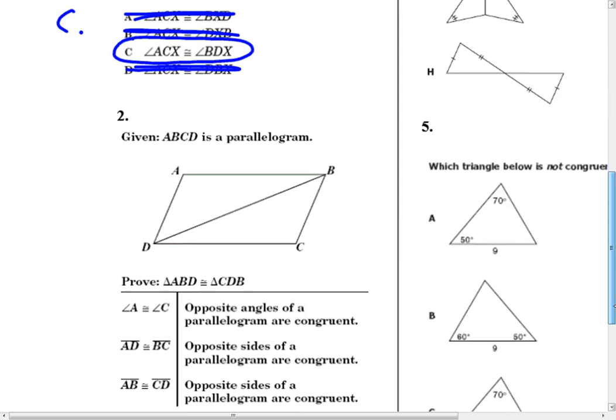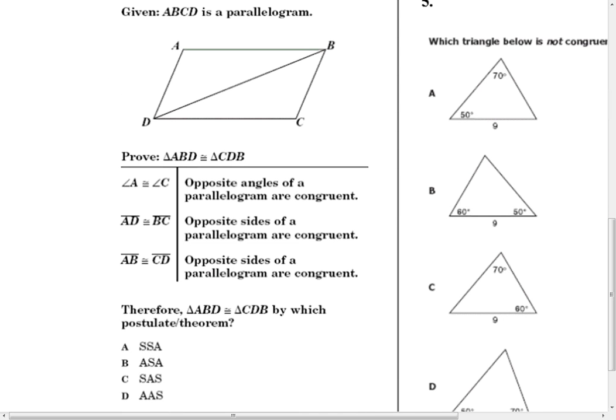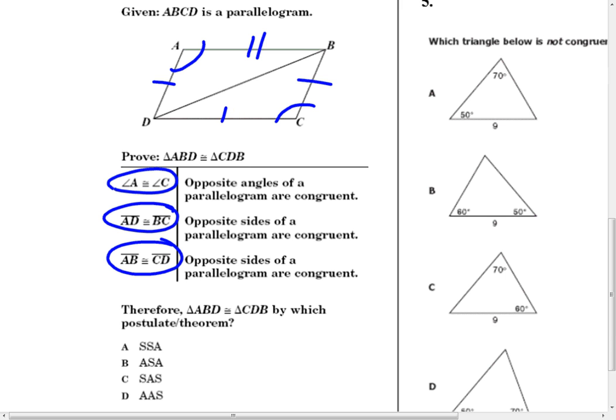Same with number 2. I want to only go by the information that's in this chart. They're telling me that A corresponds with C. They're telling me that AD goes with BC. They're telling me that AB goes with this.